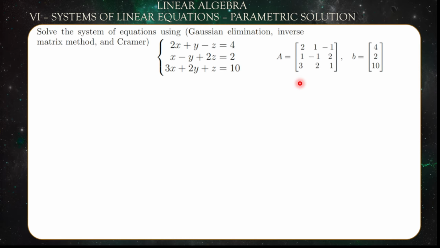So we place A to the left and B to the right, and we try to minimize, through row or Gaussian elimination, to triangularize, to make the matrix on the left a triangle format. But you cannot do it to A alone. You need to have the entire system of equations.